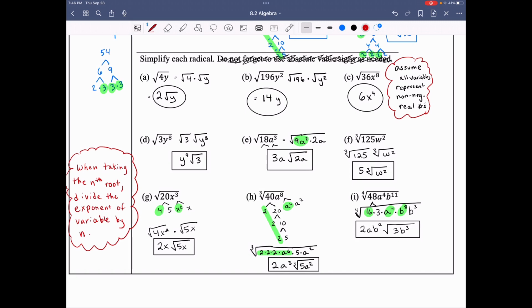When taking the nth root, divide the exponent of the variable by n, and turn your page when you're ready.